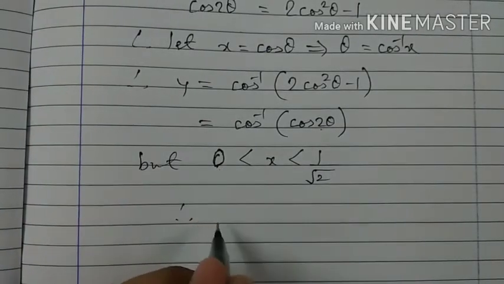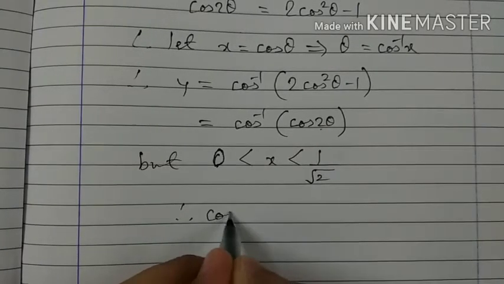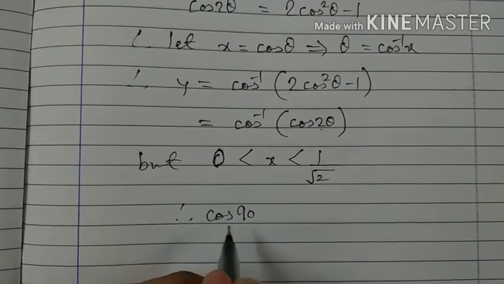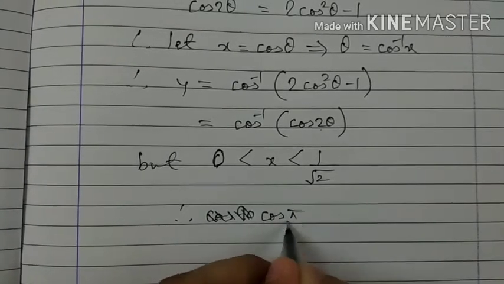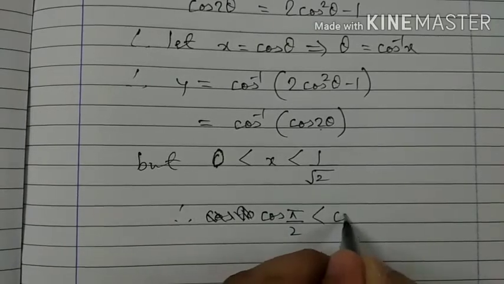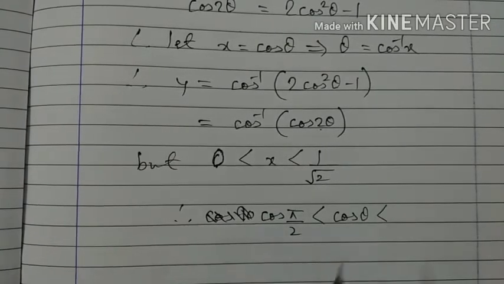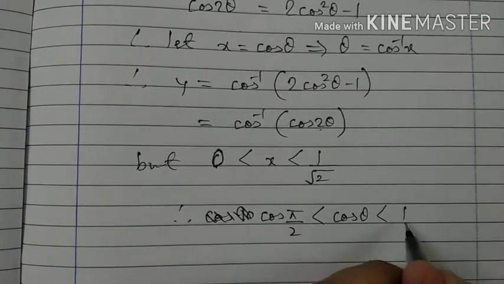In cos, we know that cos 90 equal to 0, right? Cos 90 equal to 0. So cos pi by 2 less than cos theta, and 1 upon root 2 means cos pi by 4.